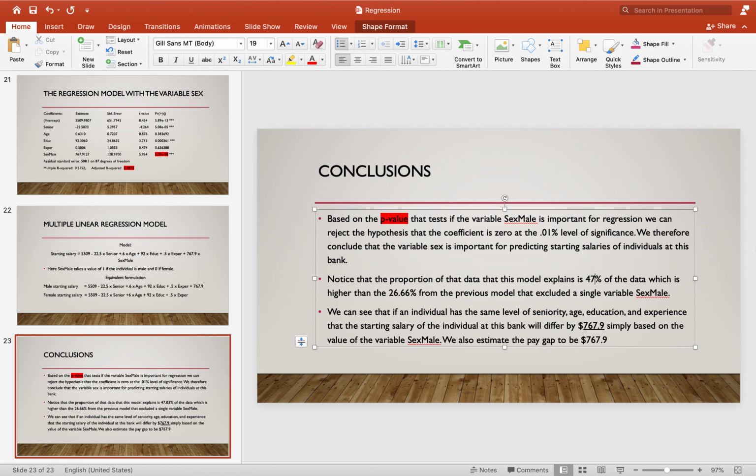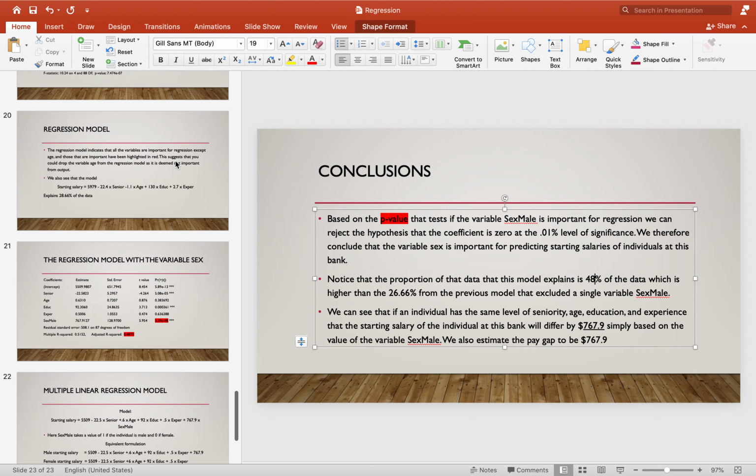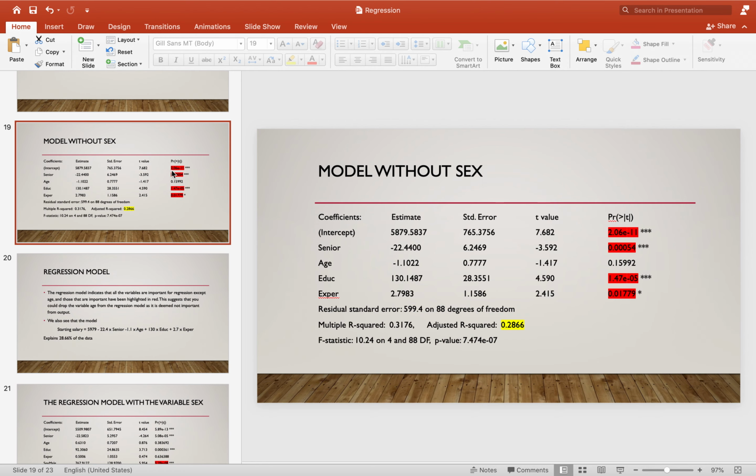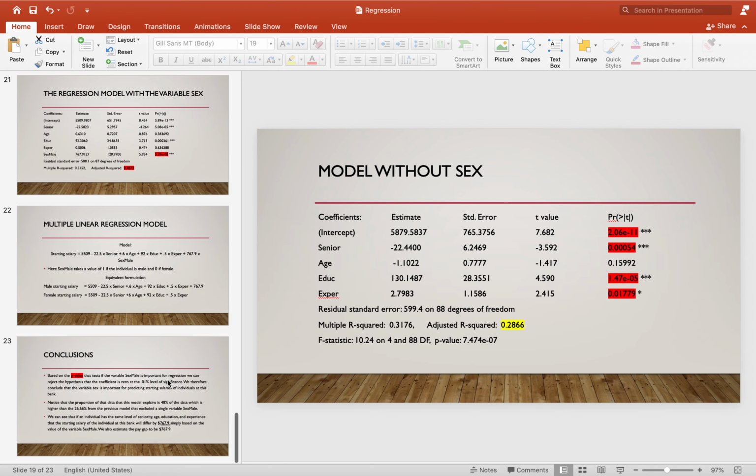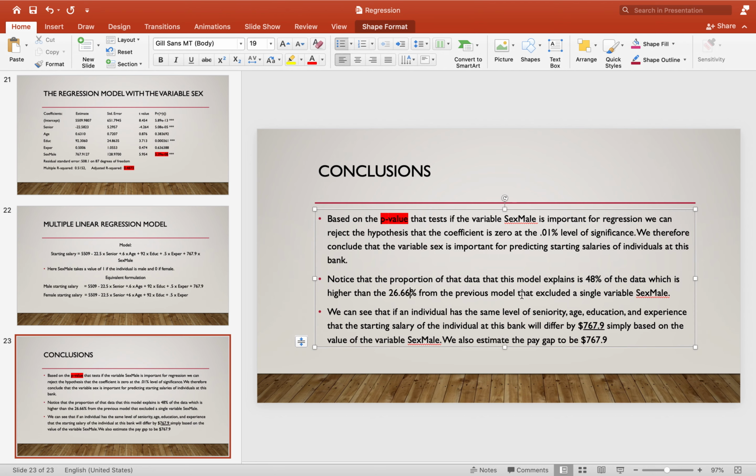So this is 48%, my apologies. And versus the 28, I believe. Yep, 28%, so that's a typo. My apologies here. 28% from the previous model that excluded just the single variable sex male.